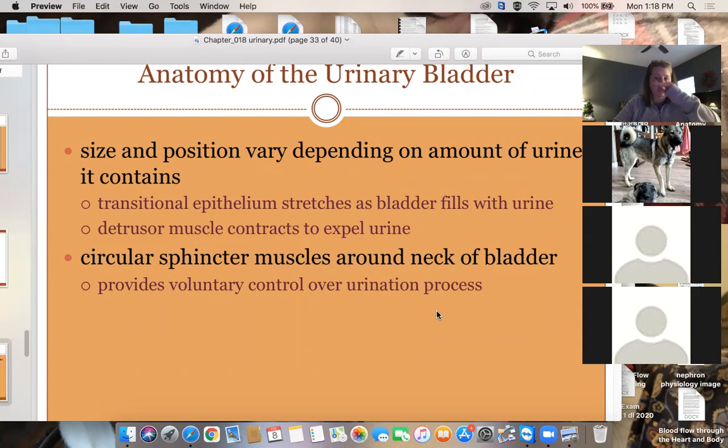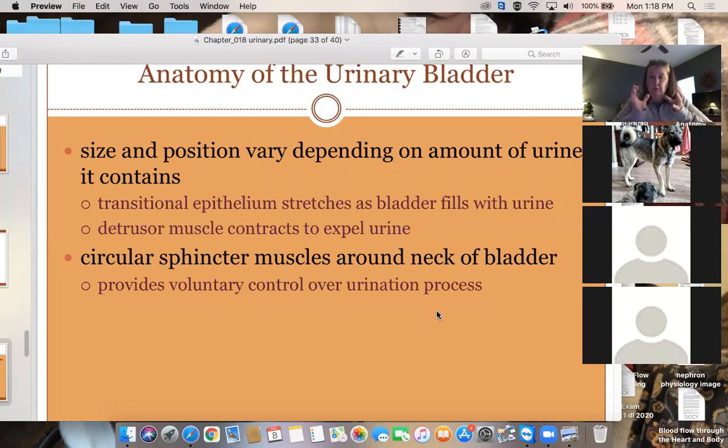So transitional cells are the lining, and what that does is it allows the bladder to stretch without coming apart. We don't want those cells to pull apart. It has to maintain integrity of the bladder. So we do not want this pulling apart. And the transitional cells are the types of cells that are present in the bladder.